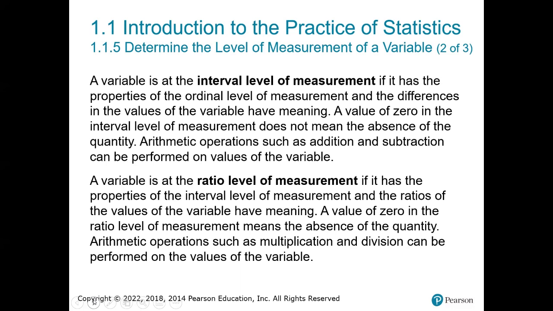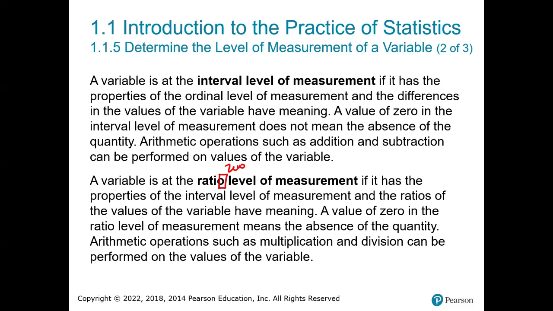A ratio, and the way I remember this is ratio, 0. 0 is 0. 0 is the starting value. Age, you can start at 0. There is nothing before 0 when it comes to your age.